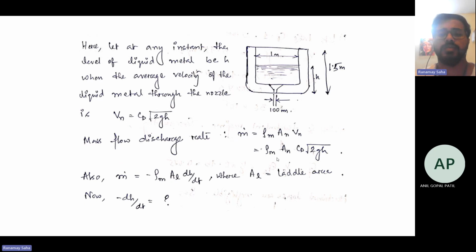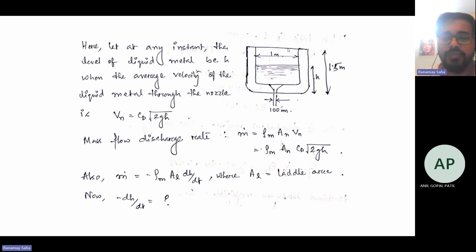We can also find it if we consider the volume of metal in the ladle, right? Vn is the velocity of the metal coming out of the nozzle. Again, we look with respect to the ladle at the reducing volume, the reducing height of molten metal within the ladle with respect to time, which is dh/dt, the derivative of height with respect to time.